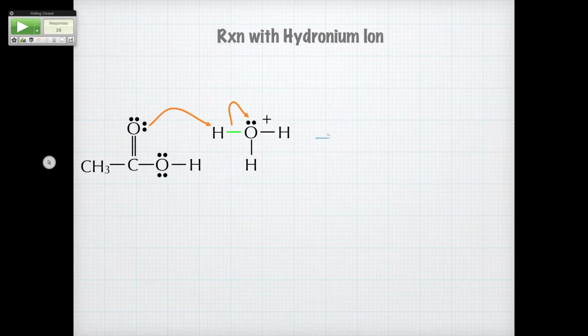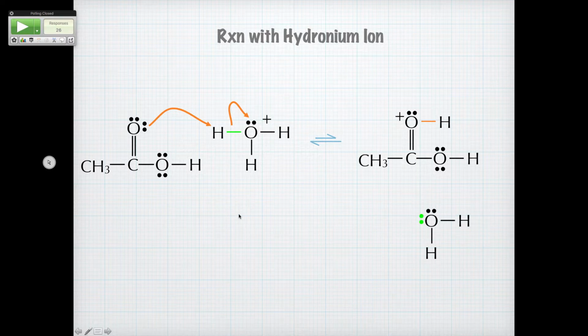All right, so now what do we get? Do you see how I made a bond with that pair of electrons is in this bond, right there? Okay, and then what else did I get from this part? I got H2O, right? So the electrons that were in this bond are now that lone pair.